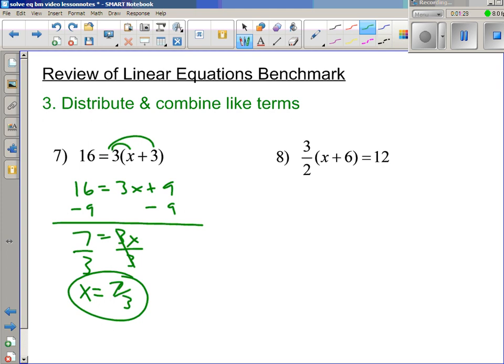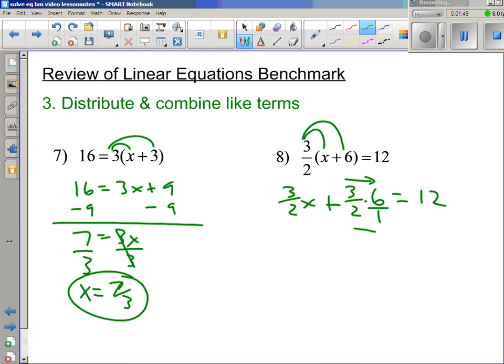Okay, hopefully you were able to get an answer that you thought was fairly accurate. We're going to distribute again, leaving 3/2 x plus 3/2 times 6, and it equals 12. One of the ways I've seen kids work this through fairly easily is to write 6 as 6 over 1.